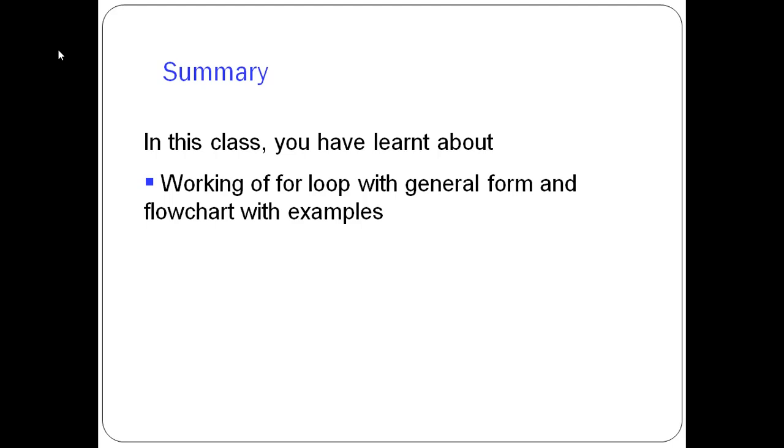The main difference between the while loop and the for loop is only one, the syntax. In the while loop, we write only the condition within the parentheses, but in the for loop, we write the expressions in the parentheses, divided into three parts.